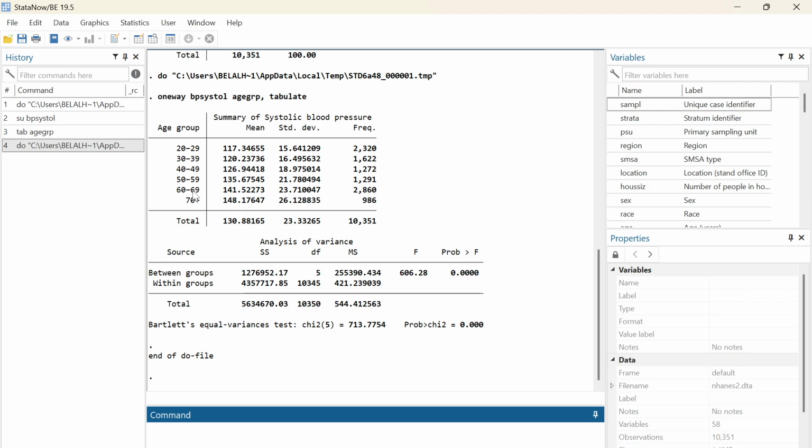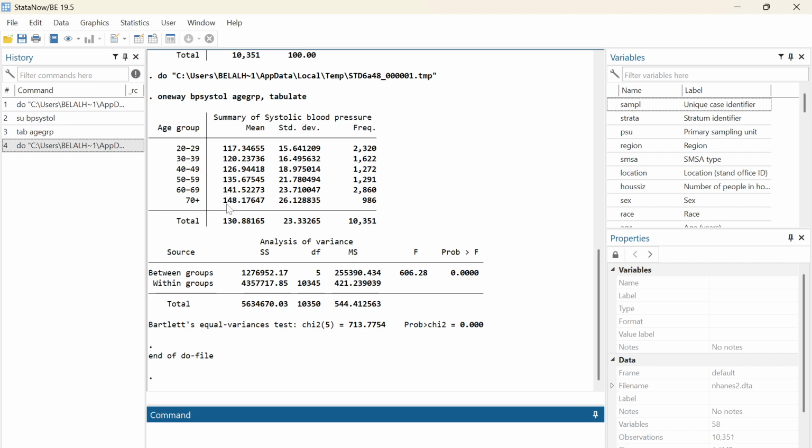So as we expected, as people grow older, they have higher levels of average systolic blood pressure.